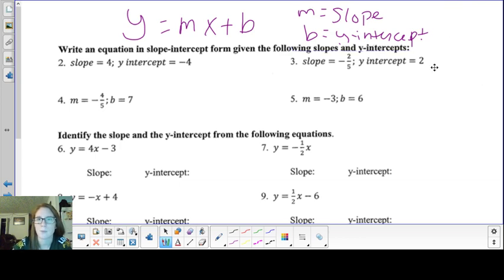The intercept means when x is 0, you're going to be at that location, either up or down on the y-axis. So for number 2, my slope is 4, and my intercept is -4. So I'm going to simply write y is equal to 4x minus 4.